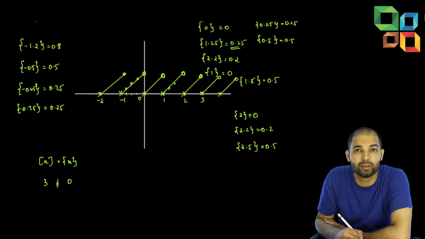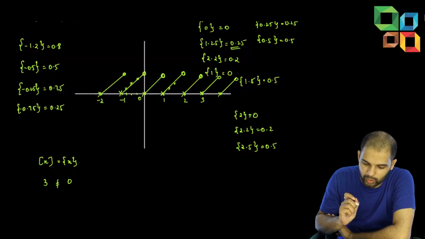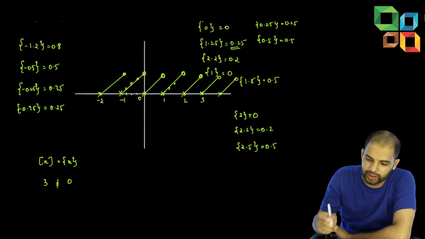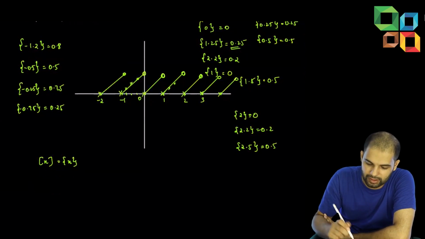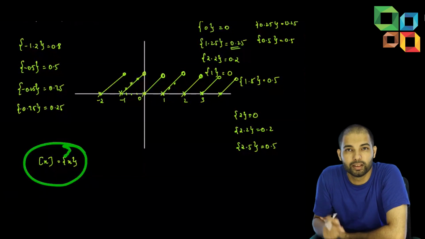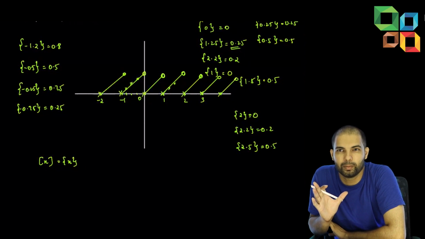Certainly not equal. So just imagine how to solve this mathematically. How will you say that the only value satisfying this is 0? I know it's 0, you know it's 0 by taking some examples. Now mathematically, somebody asks you, prove that the only solution is 0. What is your justification?